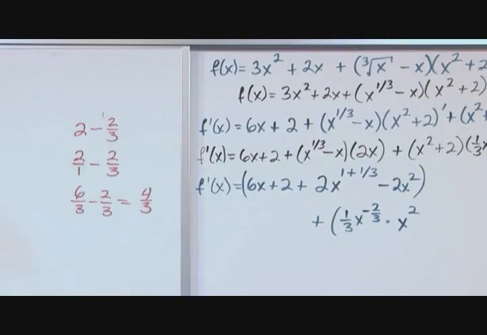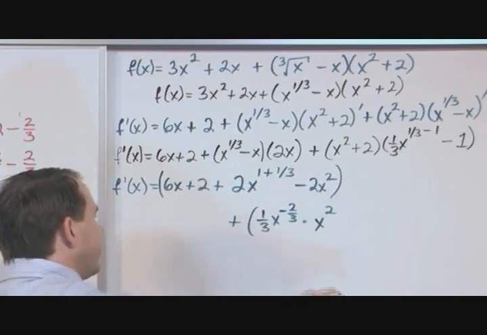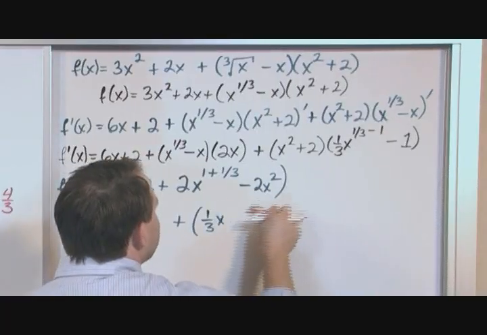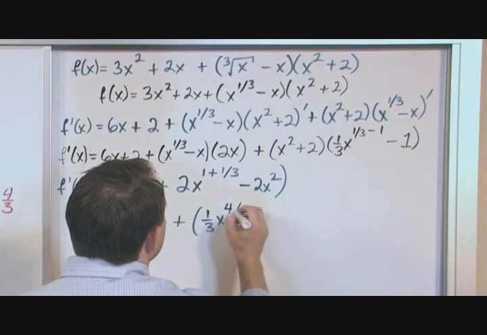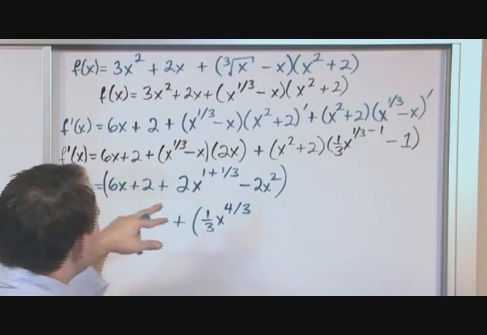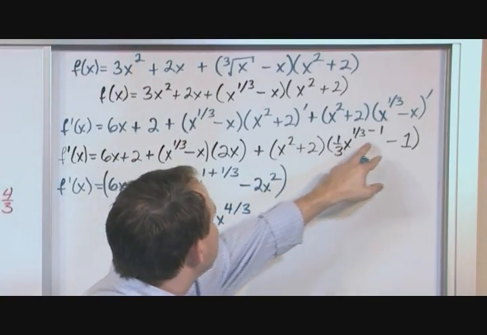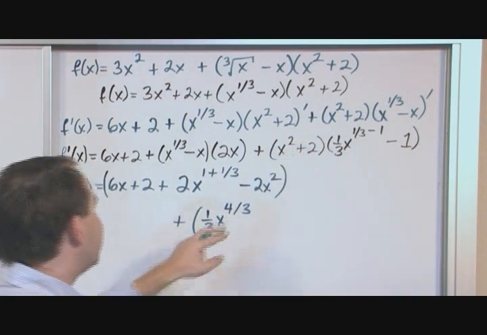So it's good to kind of go off to the side of the paper and figure this out, because then instead of keeping this along and simplifying it in the next step, I can just kind of do that right there. So it's going to be 1/3 x to the 4/3. Make sure you understand that. Really all I'm doing is I'm taking this guy, which is really negative 2/3, and I'm adding it to 2, and I'm getting this as a result.